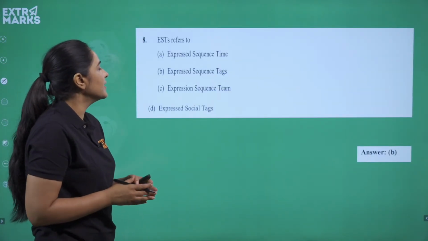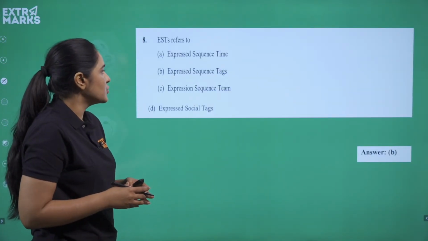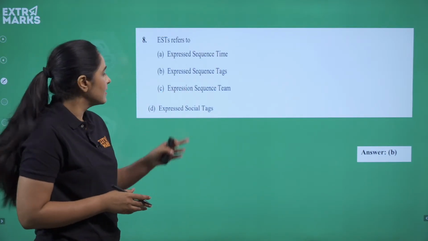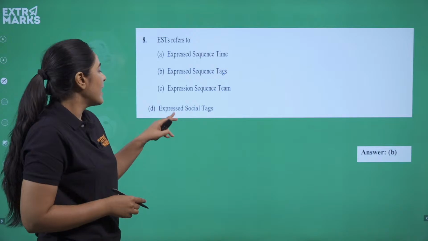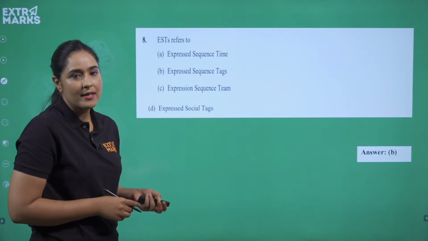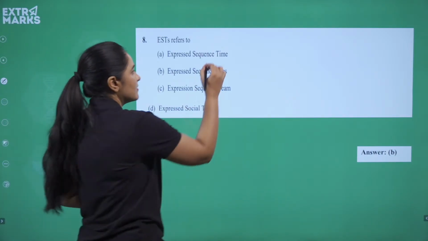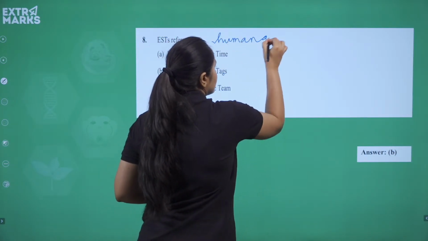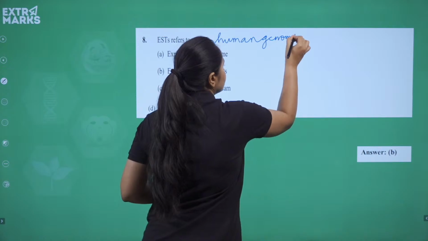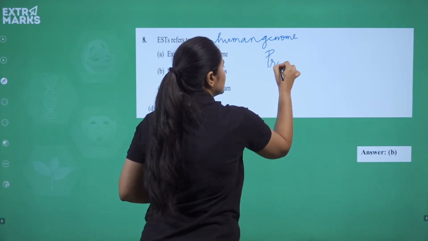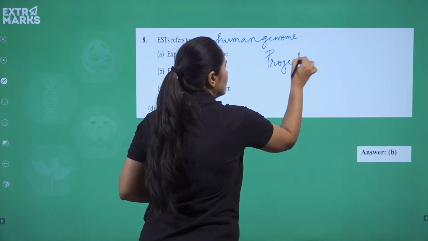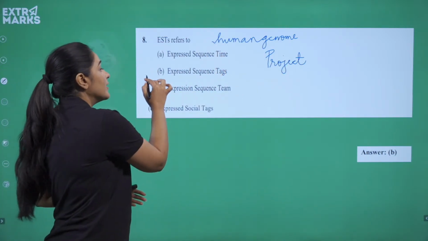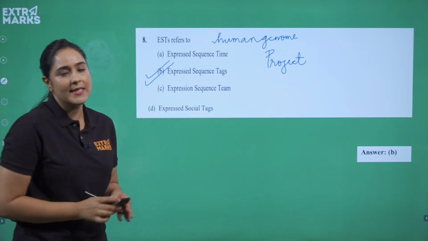Another question here is, ESTs refer to: expressed sequence time, expressed sequence tags, expression sequence team, expressed social tags. So obviously when we were studying about the human genome project, we have seen there the application of these ESTs, and we are calling them expressed sequence tags.